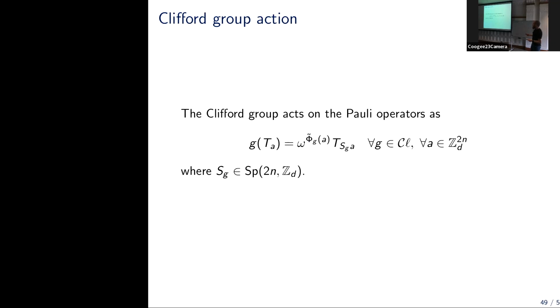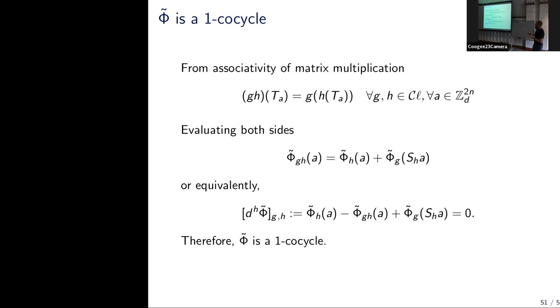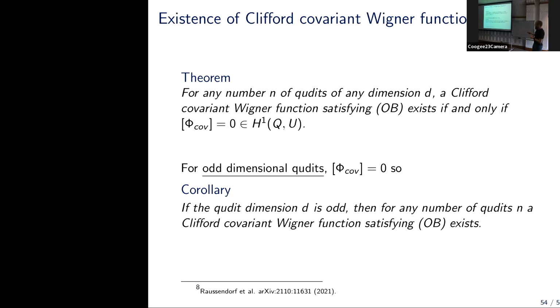I think I'm going to skip over this last part, but basically you can do something similar for the action of the Clifford group. It tells you when there exists a Wigner function which is Clifford-covariant. So you start by defining this function, which keeps track of the extra phases that get picked up when you apply a Clifford gate to a Pauli operator. This function also has a cohomological interpretation. And I'll skip through the theorem because I'm running out of time.